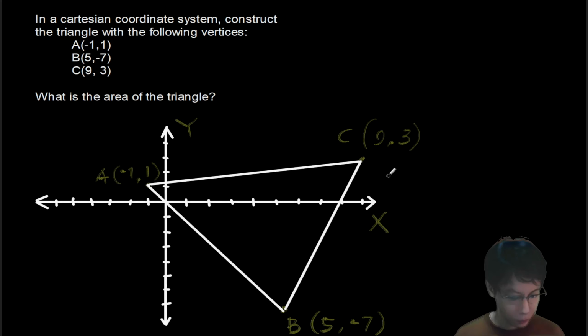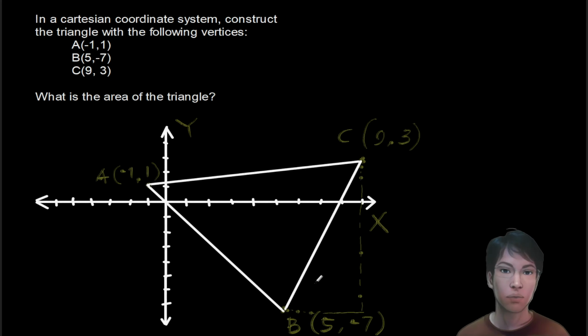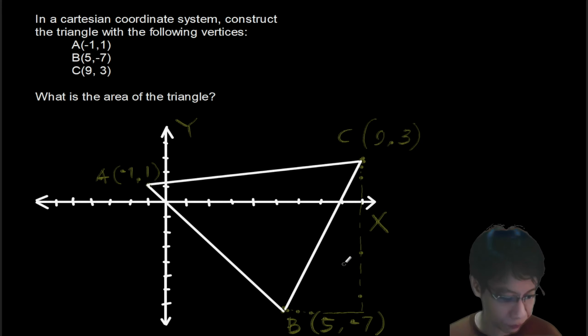So let's consider this one. I will put a line like this, then this one. So we have a right triangle.